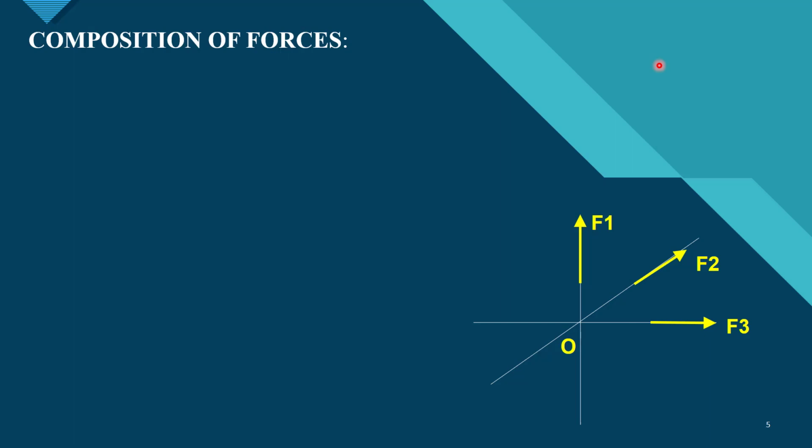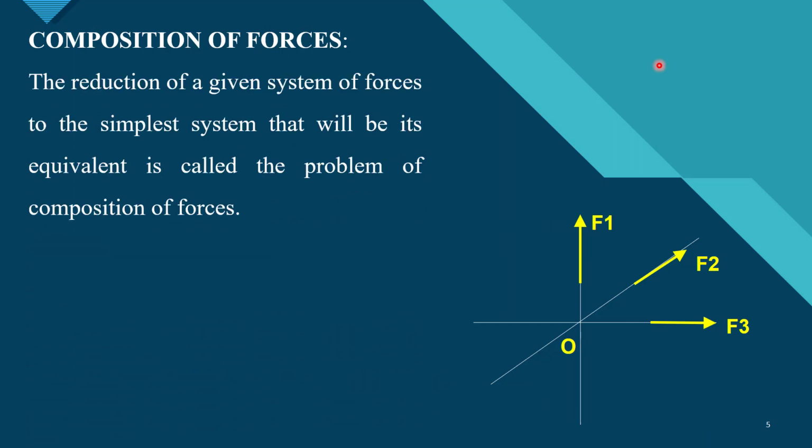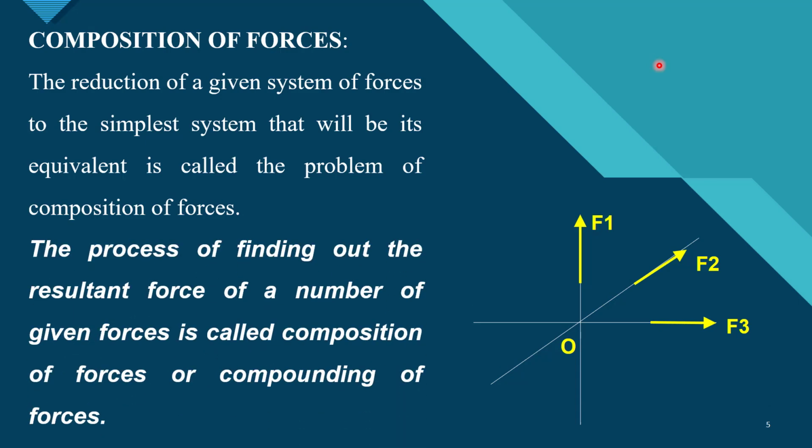So that process of replacing a number of forces by a single force in such a way that the effect produced by all the forces is same as the effect produced by the single force, that process is known as the composition of forces, or it is also known as compounding of forces. So what do you mean by composition of forces? It is the process of finding out the resultant force of a number of given forces. That is known as the composition or compounding of forces.